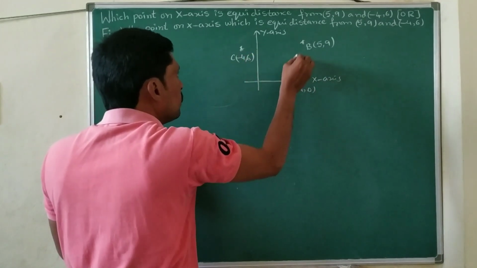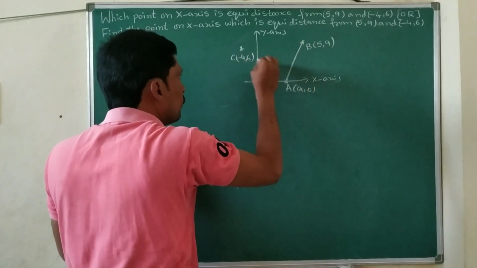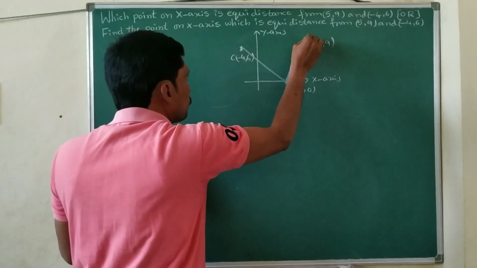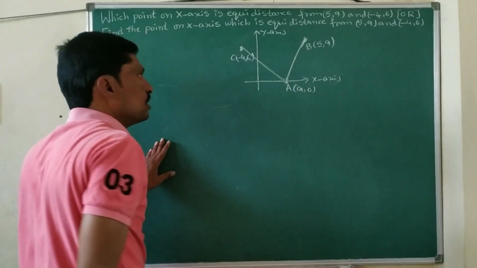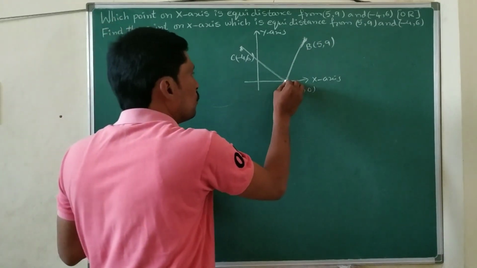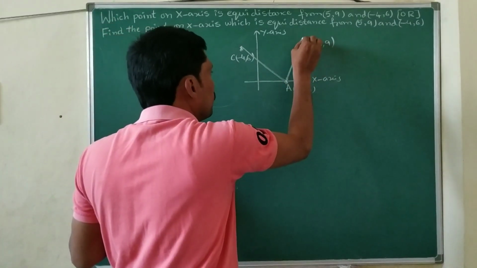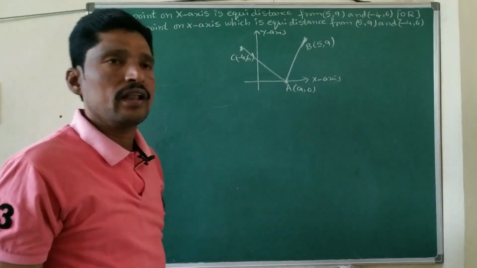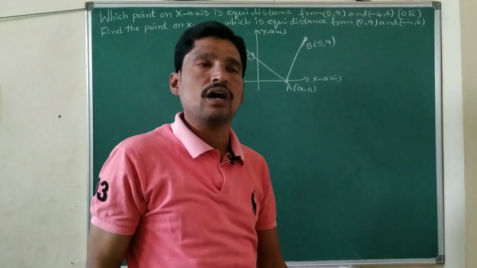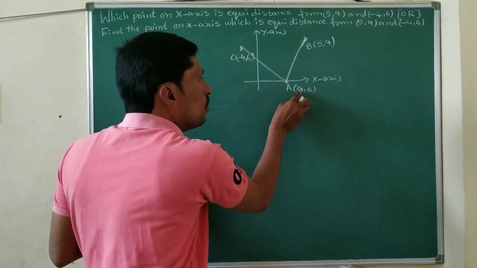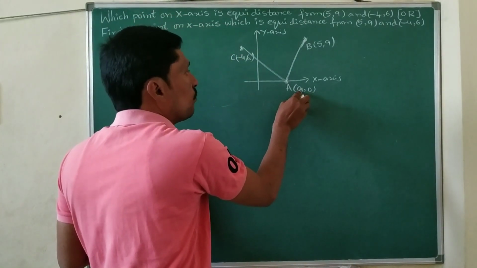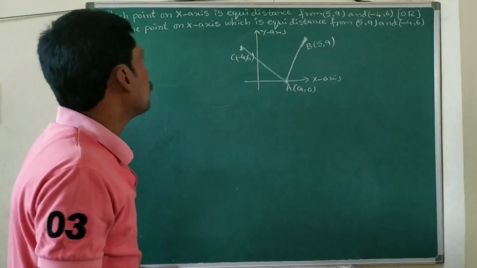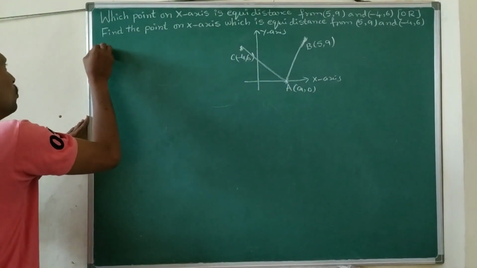This point is equidistant, meaning the distance is the same. So we need to find the distance of line segment AB and the distance of line segment AC. Afterwards you have to find the value of a. Finding a means we get the point on x-axis. So let us see the solution.